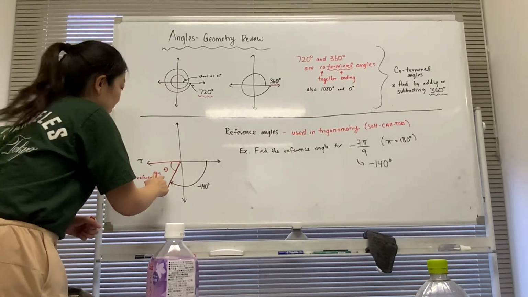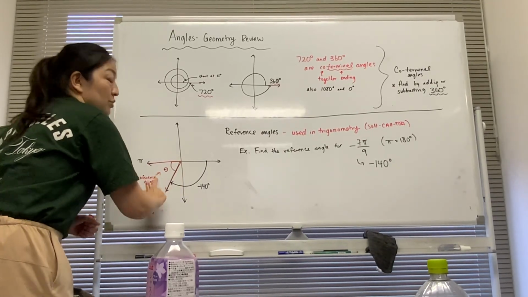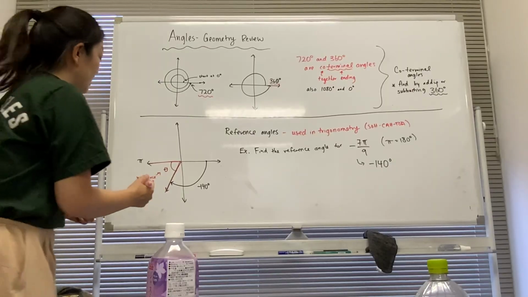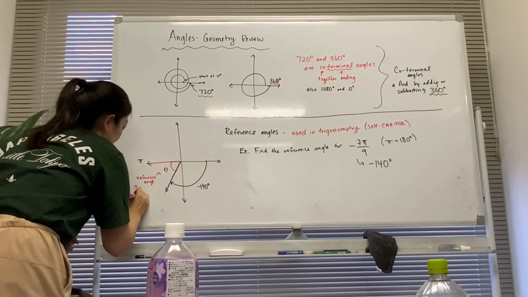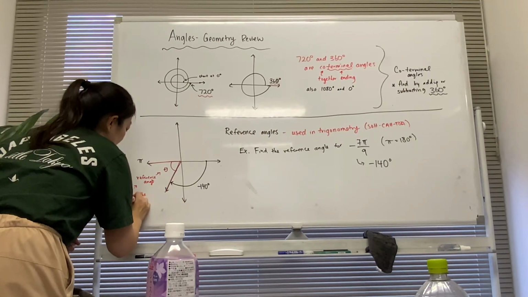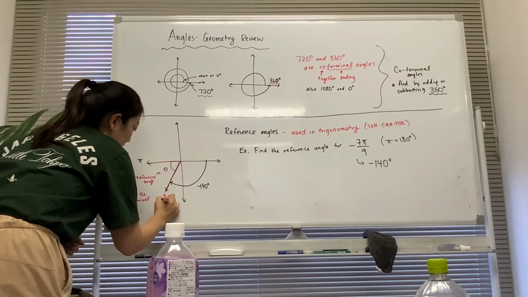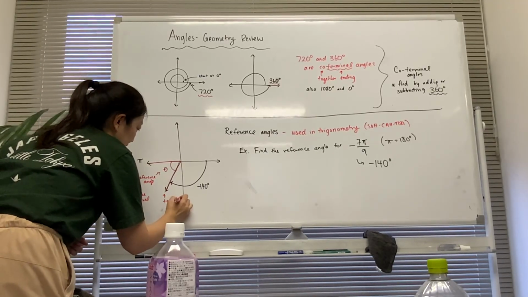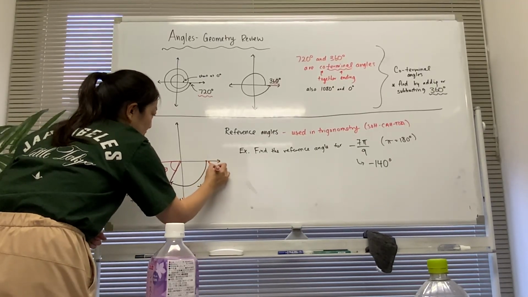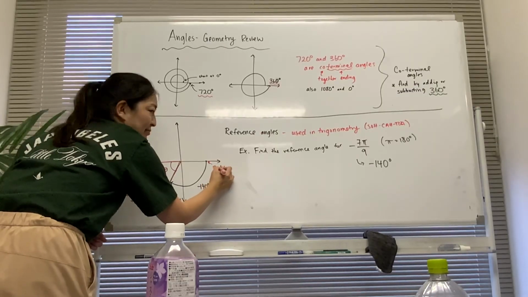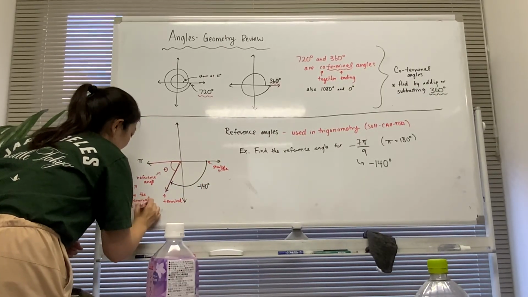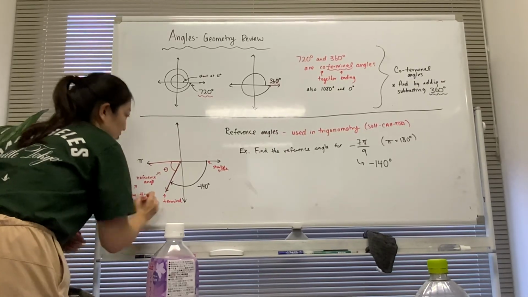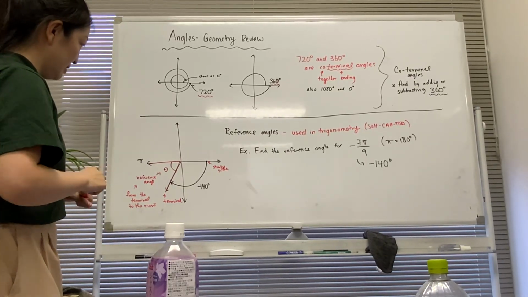The reference angle is from that angle to the x-axis, from the terminal side, terminal meaning ending. So this is the terminal side, and this is our starting side. From the terminal side to the x-axis is our reference angle. Correct, Genta? Am I correct on that?